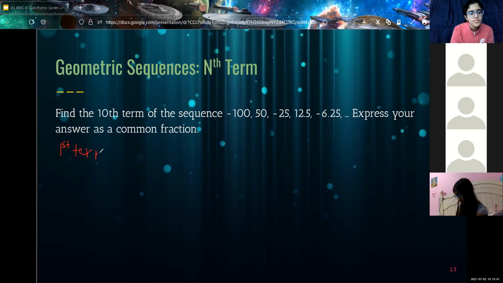So first term times ratio, and I'm going to use n still, ratio to the power of n minus 1 would be the equation. So in the chat, what would the common ratio be?